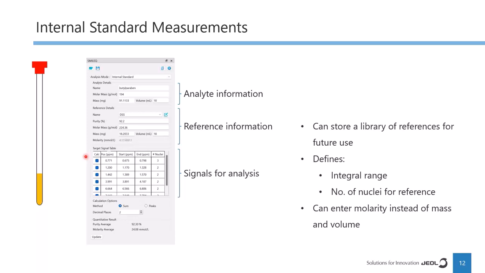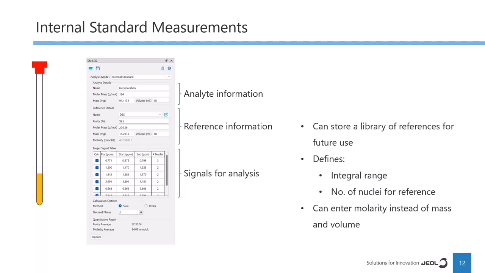And then all we do is select which signals we wish to be part of our qNMR analysis, and then we can press the update button, and that would go and do the calculation for us. You can see here at the bottom in this quantitative results section, we have the purity and the molarity specified for our particular sample. So this is how we set up the experiment.